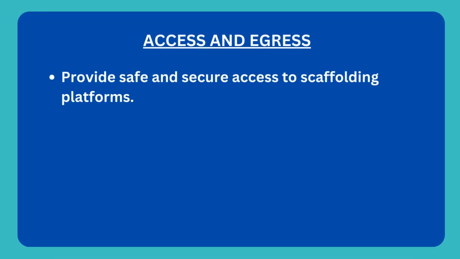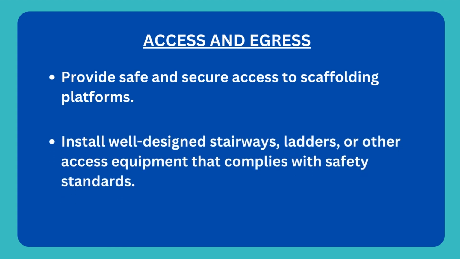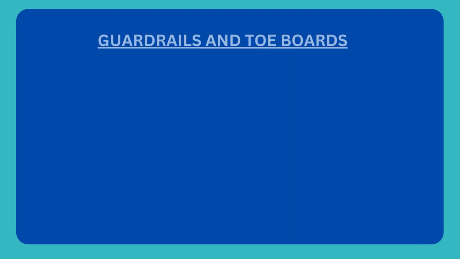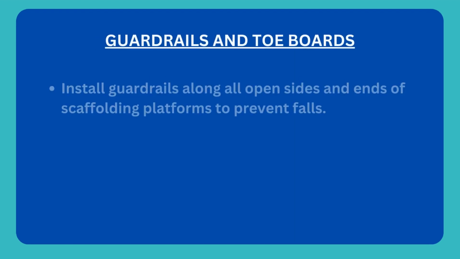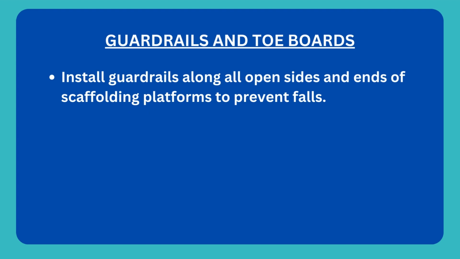Access and egress. Provide safe and secure access to scaffolding platforms. Install well-designed stairways, ladders or other access equipment that complies with safety standards. Guardrails and toe boards. Install guardrails along all open sides and ends of scaffolding platform to prevent falls.